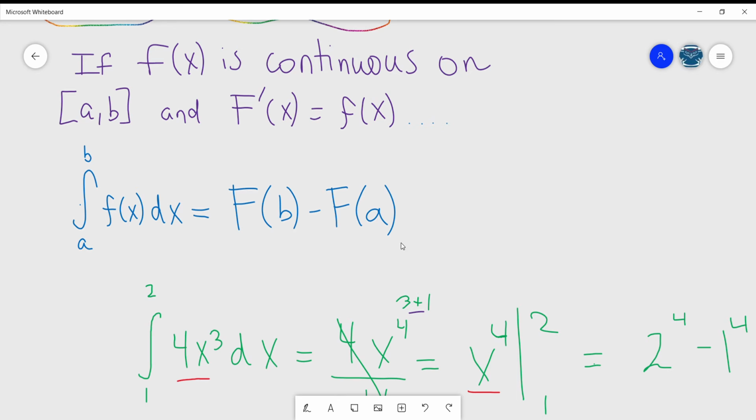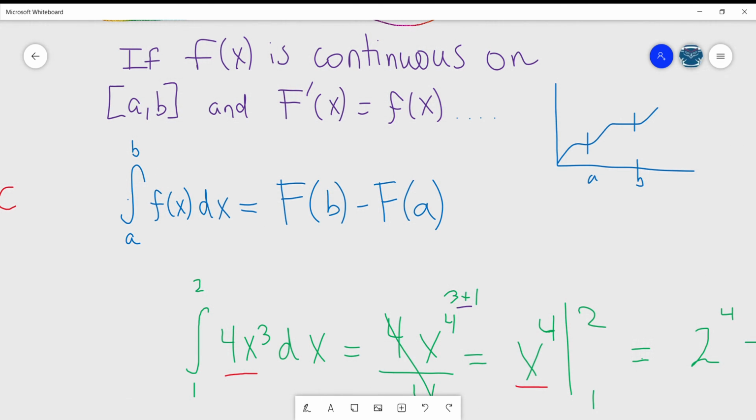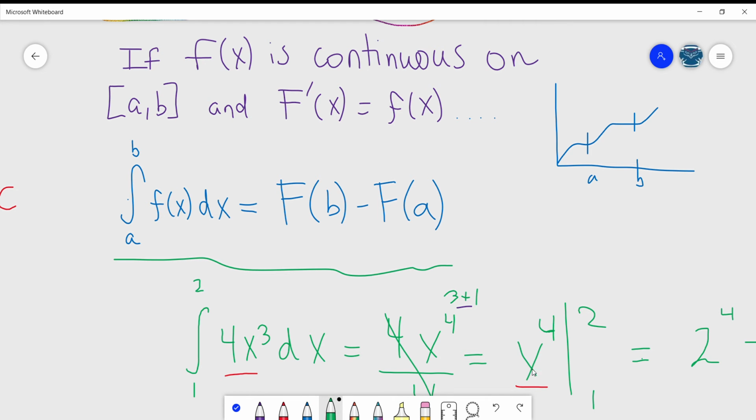If f of x is continuous on an interval a to b, so maybe something like this, it's continuous from a to b, and big F prime, the derivative of big F of x, is equal to f of x, then this is the fundamental conclusion: the integral from a to b of little f of x dx is equal to big F evaluated at b and a, so the integral from a to b of f of x dx is equal to big F of b minus big F of a.